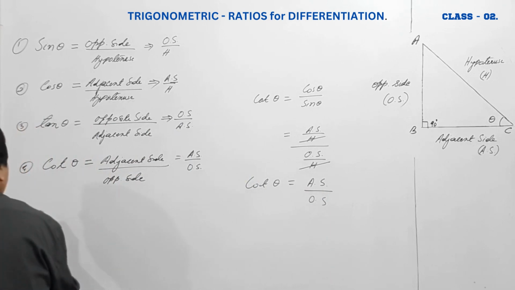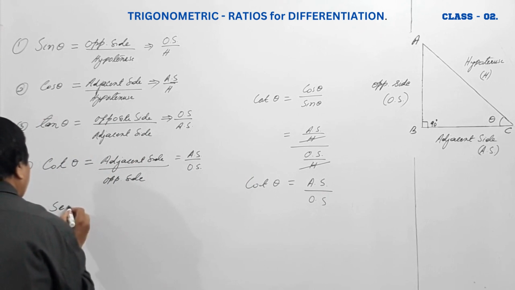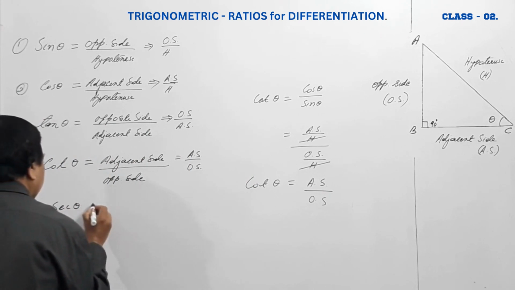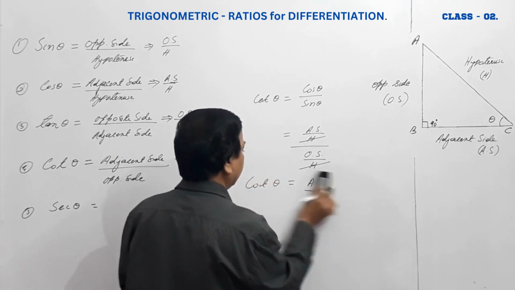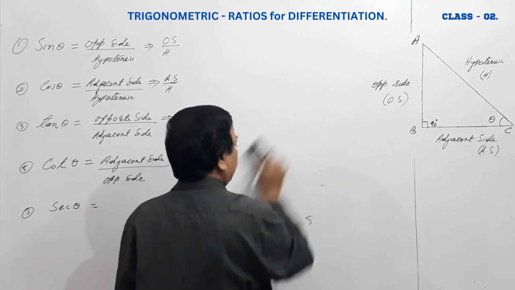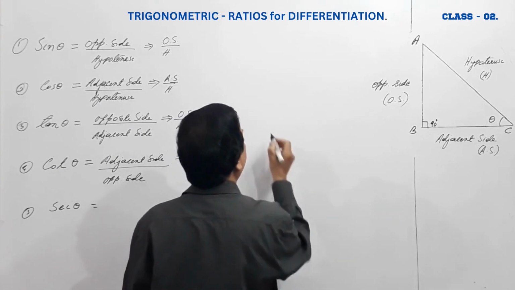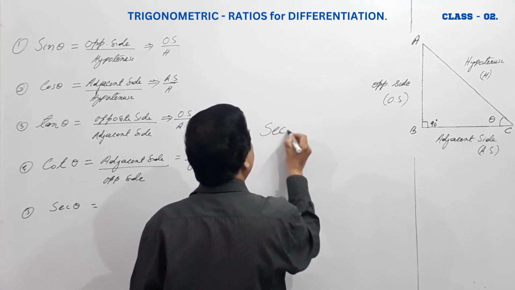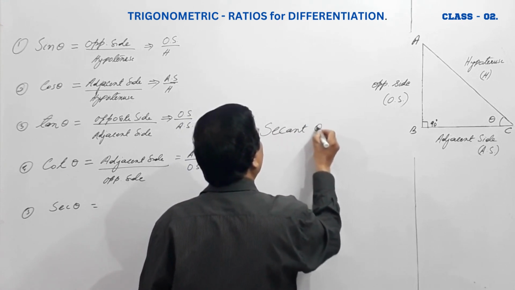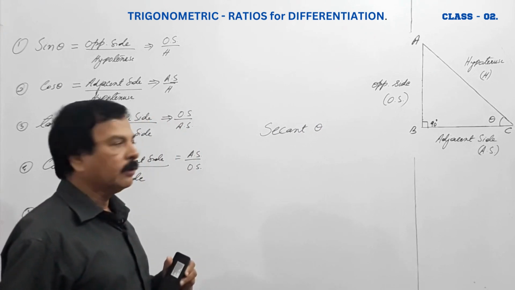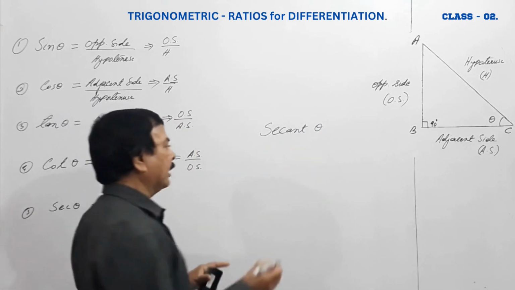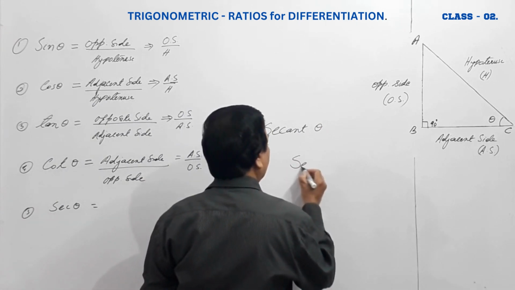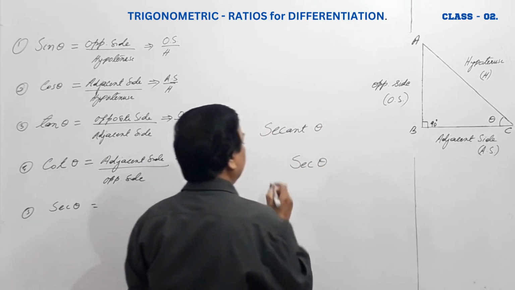Next, fifth one, we'll take secant theta. Secant theta can be written as SECANT, but most books and lecturers, instead of writing secant fully, write it like this: sec theta.